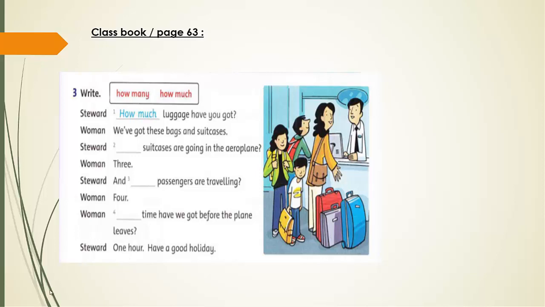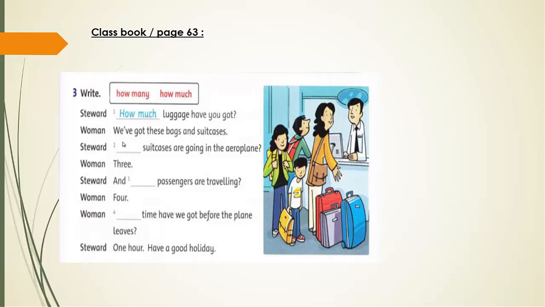So before you answer, you have to know whether the noun that goes after the space is countable or uncountable. You have to know before. Okay, number one. This exercise is about a conversation between a steward and a woman in the airport.